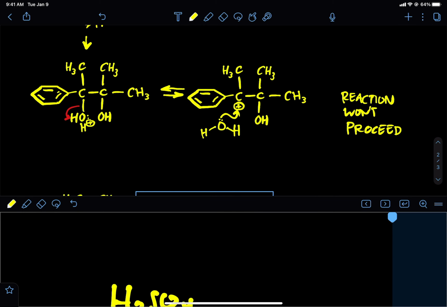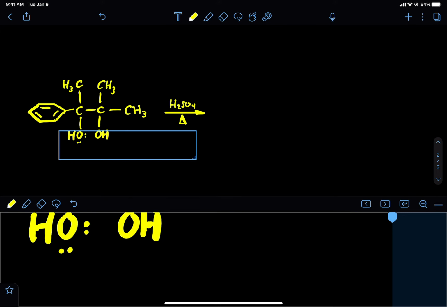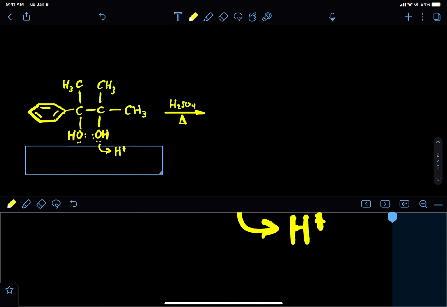All right, but what if we protonate the other alcohol? So this O gets protonated by the H plus.